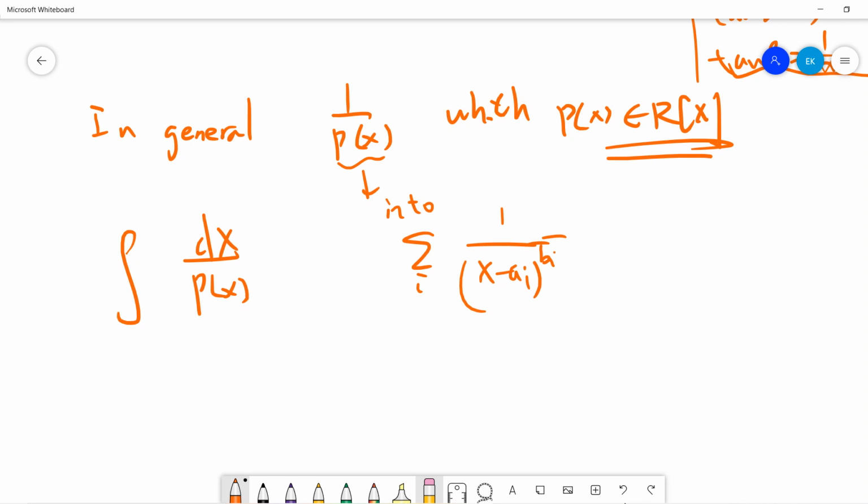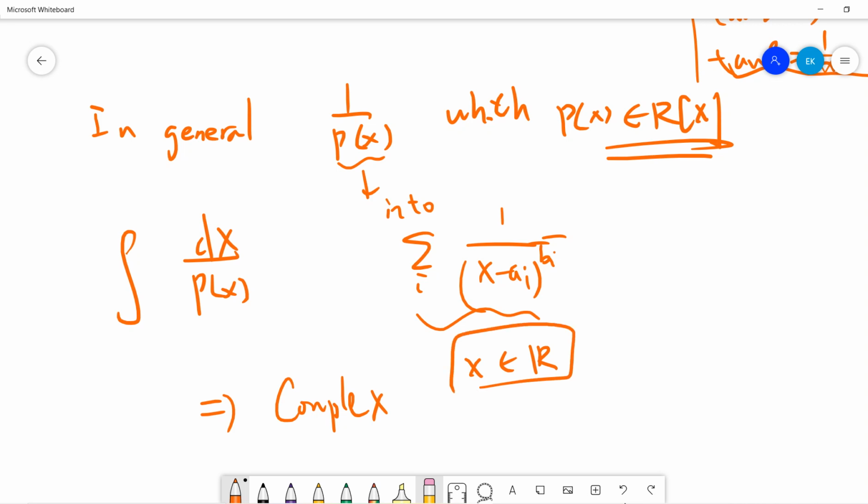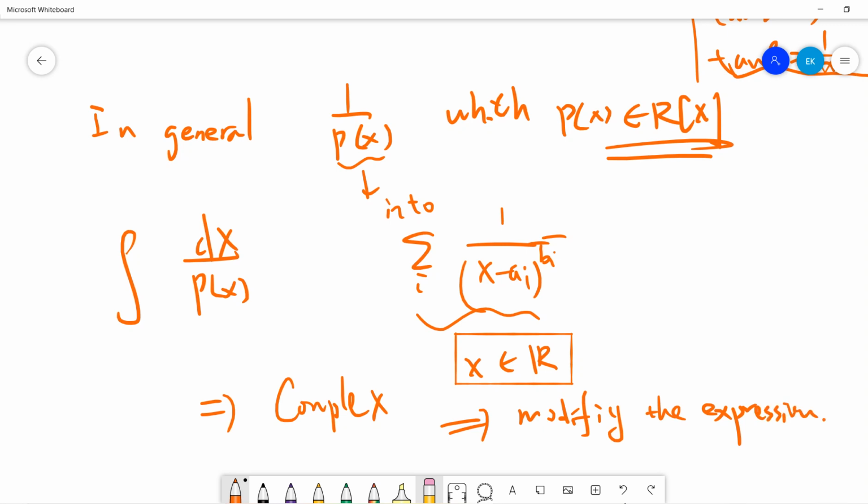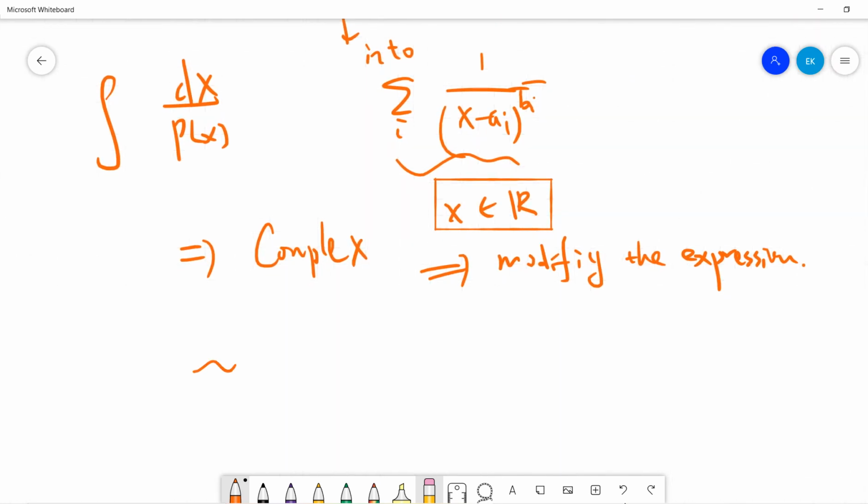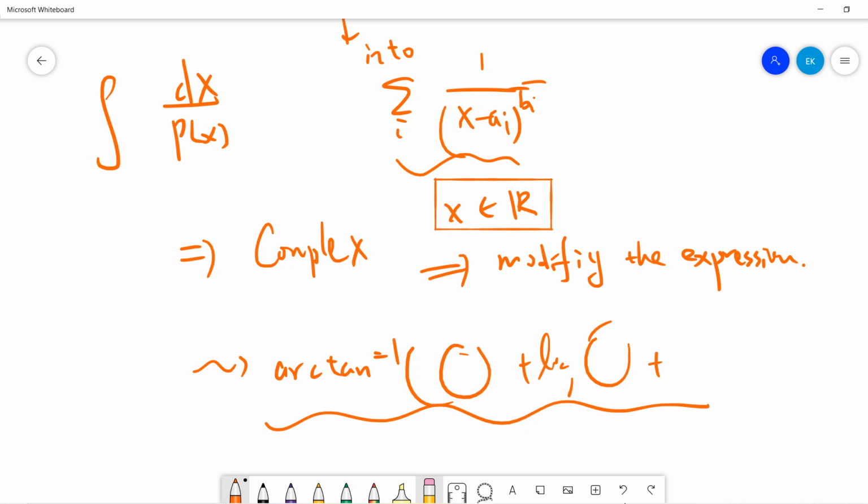You can change it into complex numbers, and then remember that x is real, so you can modify the expression. In general the answer will be arctangent of something plus log of something. So this is the general form.